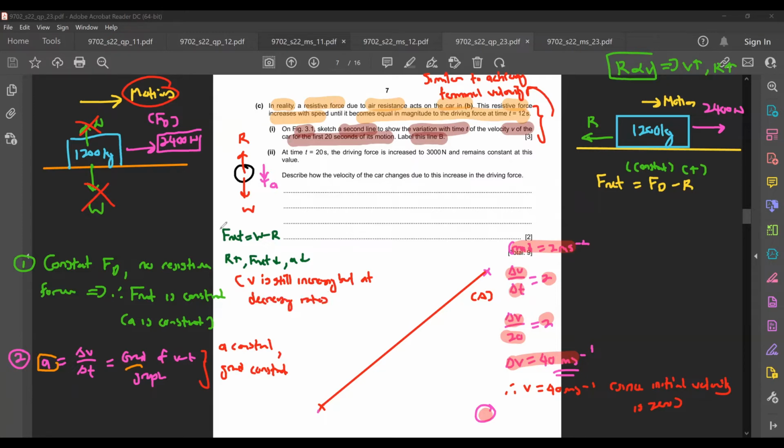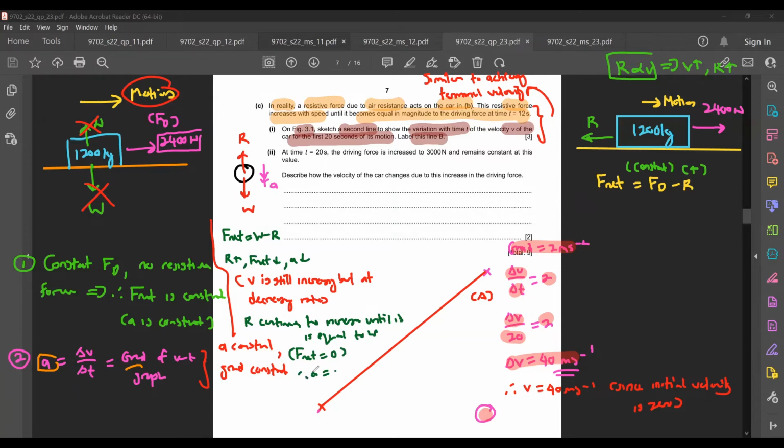So then from there, what I then mentioned was that R continues to increase until it is equal to W. So from there, what you will say is that F net is equal to 0.